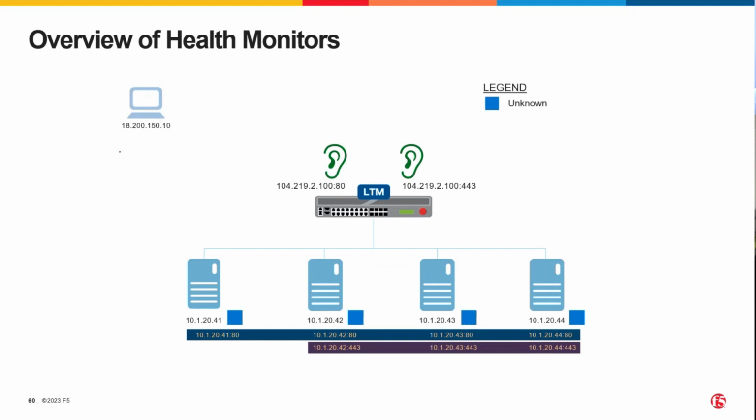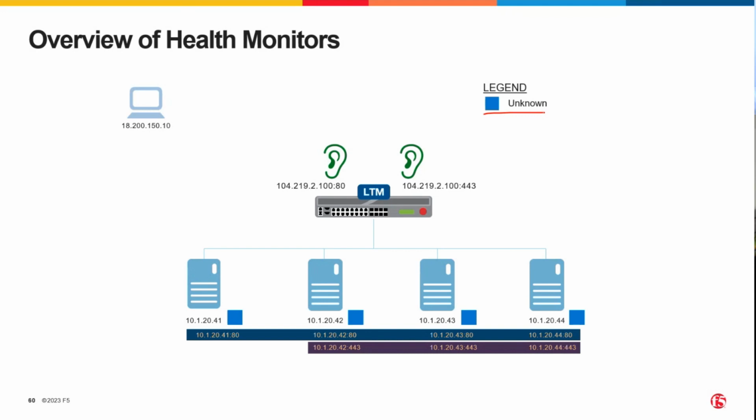Overview, of course. Till now, we were not using any health checks, any health monitors at all. So we don't know the status of our backend application. The status is this, okay? A blue square, which means that I don't know what the state is, if it's working or not.